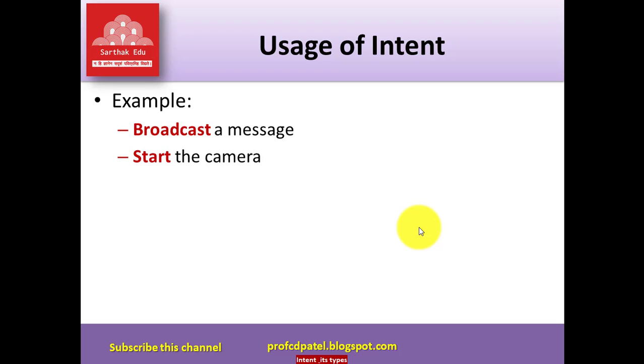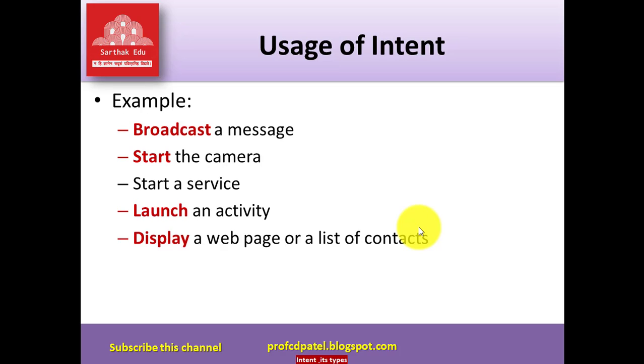Second, we can use intent to start the camera. We can use it to start a service. We can use it to launch an activity. We can use it to display a web page, and we can also use an intent to dial a phone number. We can even answer a phone call.